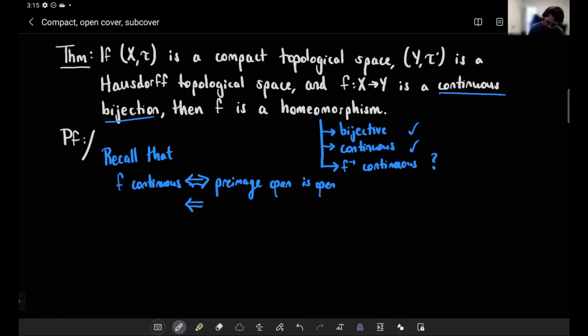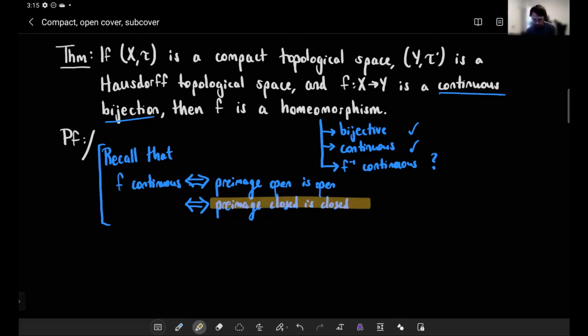But, and this is another good mini exercise for anyone studying topology to sit down and prove, you could phrase it exactly as well by saying the preimage of every closed set is closed. So if you haven't seen that proved before, go off and try to prove it. It's not too difficult, it's a few lines. So let's recall that. And so I'm going to be trying to prove that f inverse is continuous, and I'm going to use this characterization of continuity.